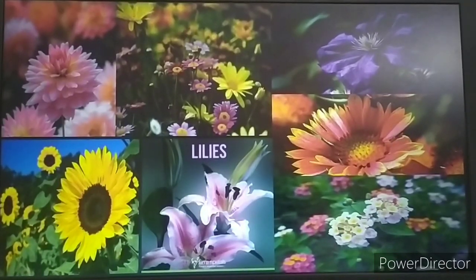Flower is very delicate or very soft. It is a specialized part of the shoot system. It contains the reproductive structures, that is the male reproductive part as well as the female reproductive part.